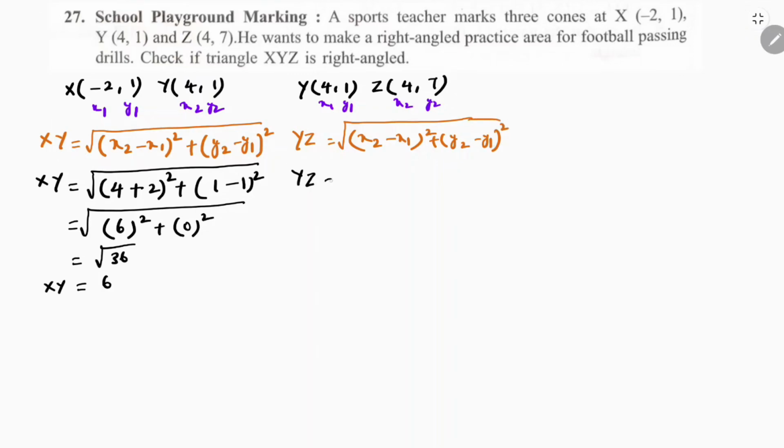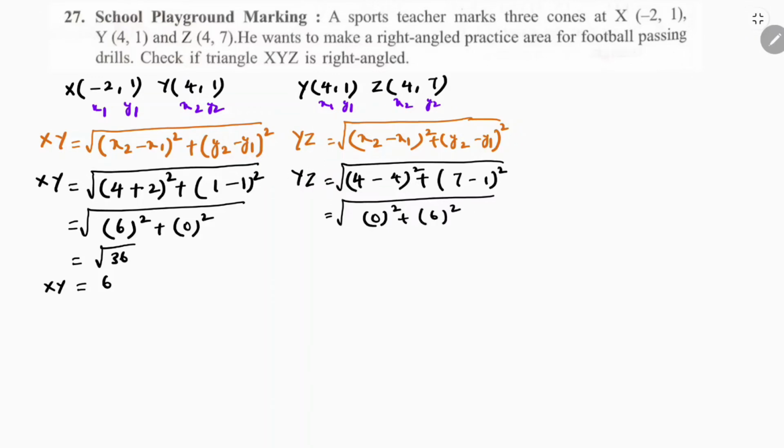Substituting the values, x2 is 4, x1 is 4, so (4 minus 4) whole square plus (7 minus 1) whole square. 4 minus 4 is 0, 7 minus 1 is 6, so 0 plus 36. Root 36, so YZ is 6 units.